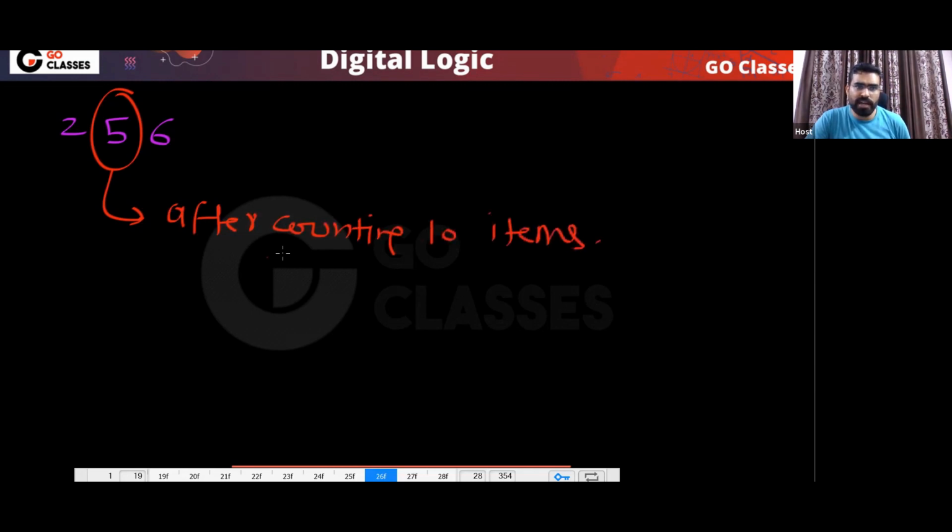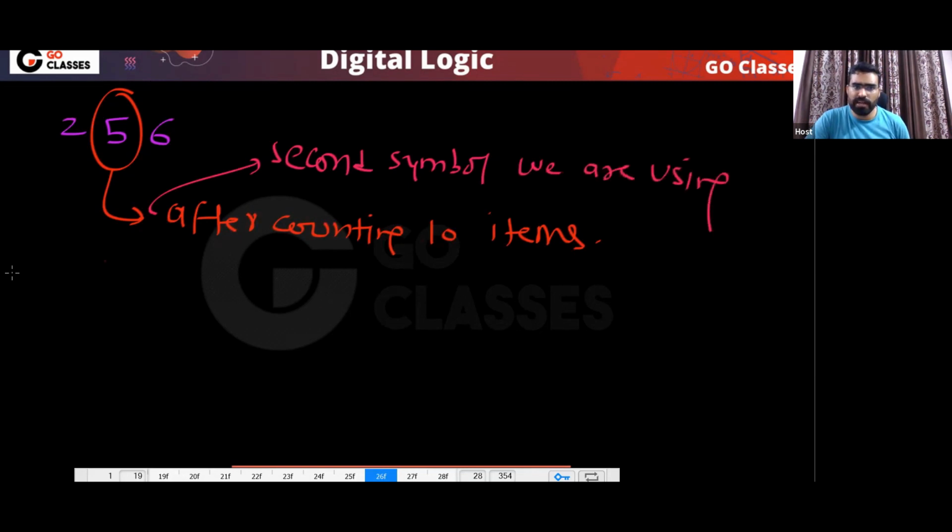After counting 10 items, this is the second symbol we are using. And tell me, what does this 5 tell you? This 5 tells us how many tens you have counted.